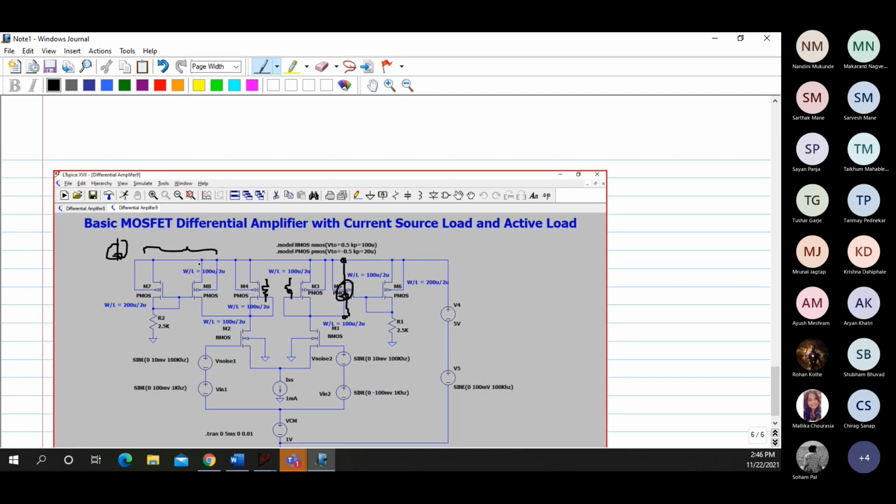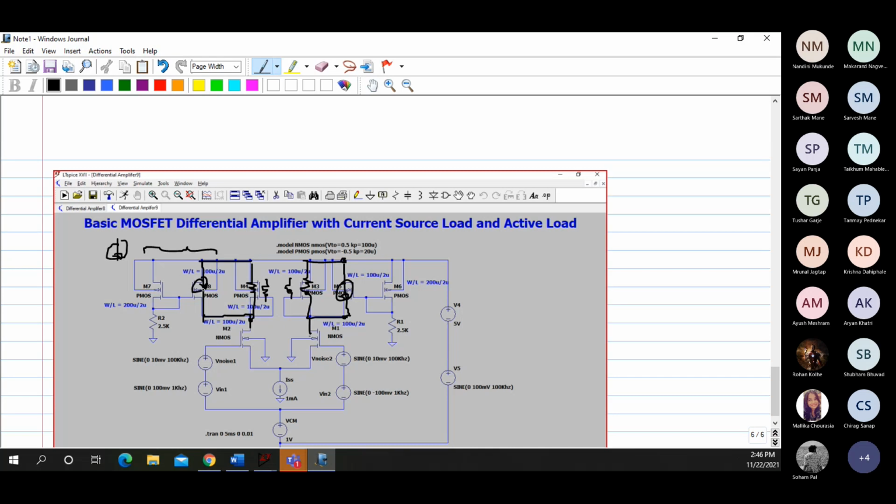So if you look at this top circuit, we are having a resistance in parallel with the current source, and here also we are having a resistance in parallel with the current source.